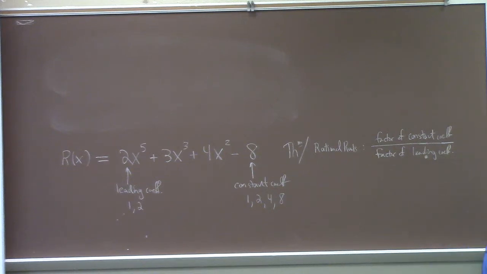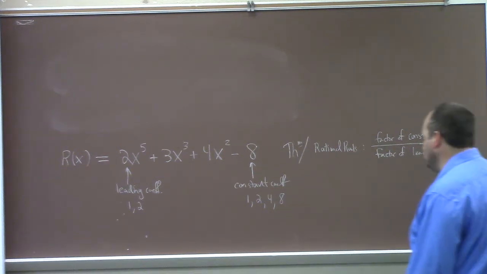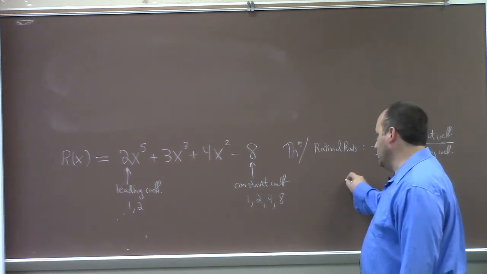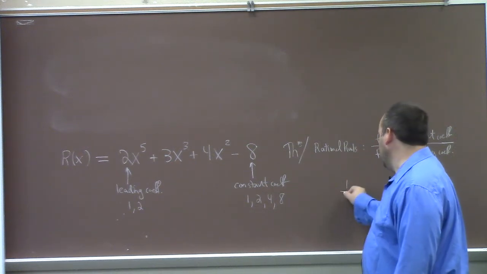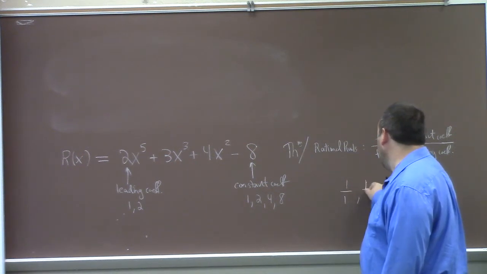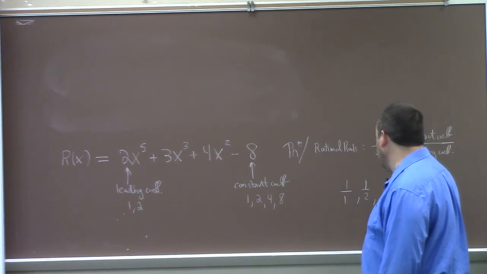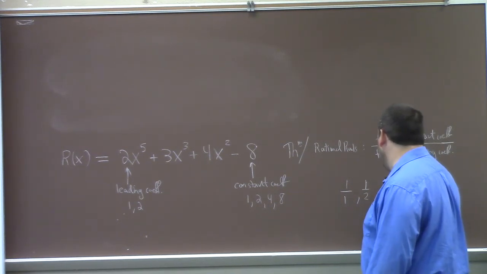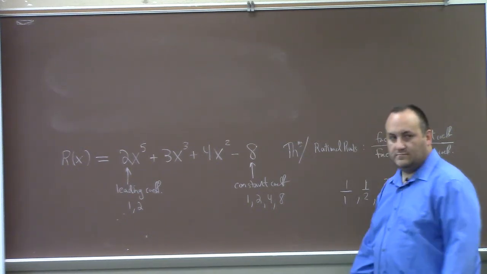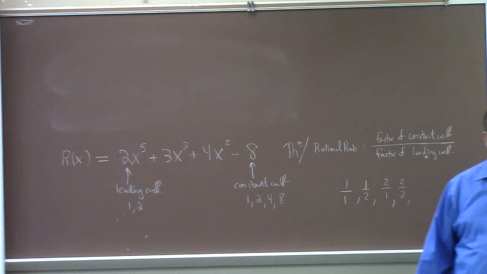Well, what are the possibilities? Like 1 over 1, 1 over 2, 2 over 1, 2 over 2, and so forth.